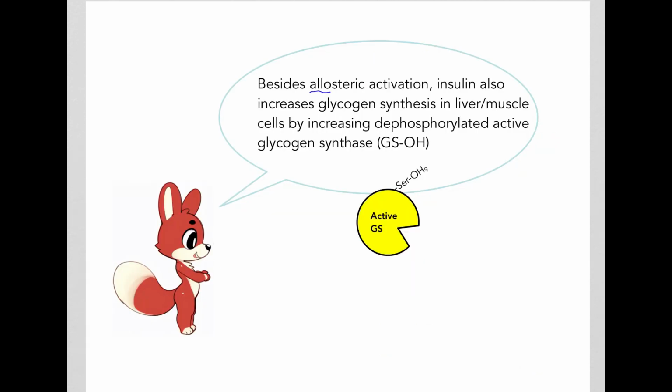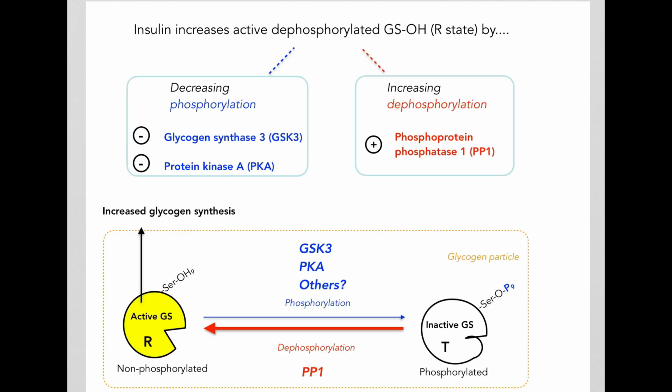Besides allosteric activation of glycogen synthase, insulin also increases glycogen synthesis by increasing the dephosphorylated form, which is the active form of glycogen synthase. We'll represent that as GS-OH. Let's see how this happens. Now, glycogen synthase can exist in the non-phosphorylated or the dephosphorylated form.